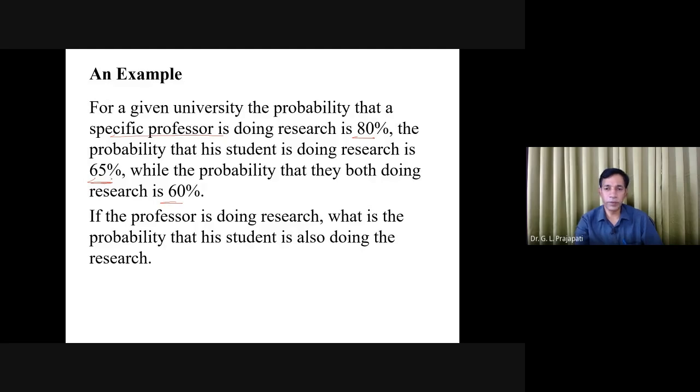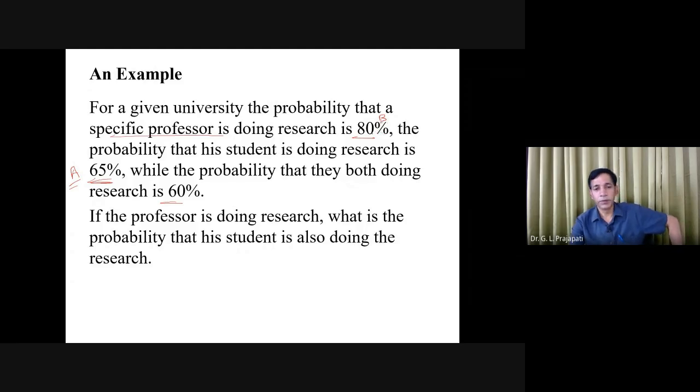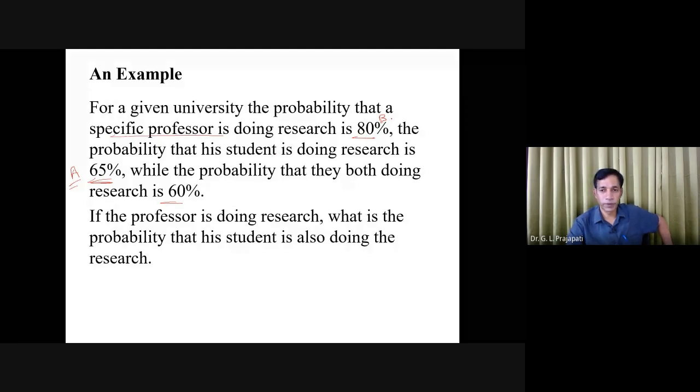So you can denote the probability. The student you can refer to by denoting A. The professor can be denoted by the event B. Okay, so B denotes the event that the professor is doing research.